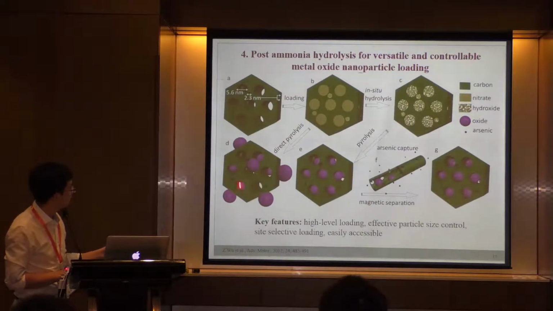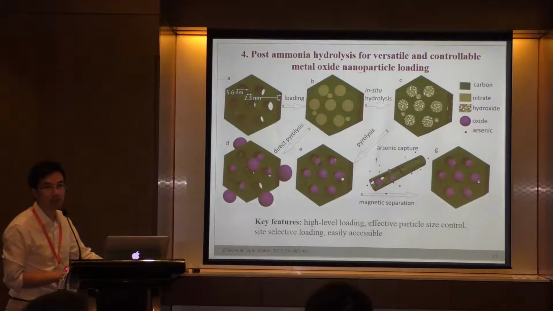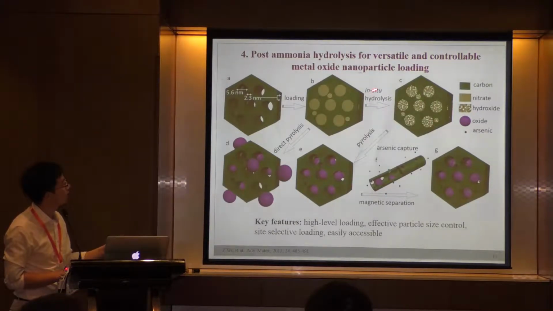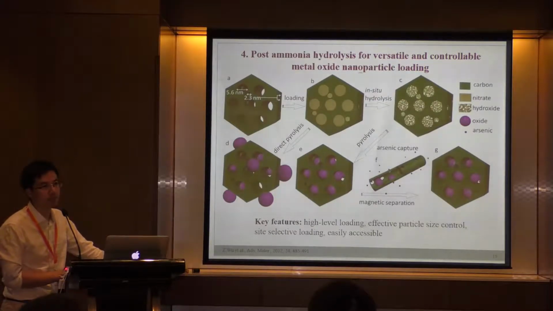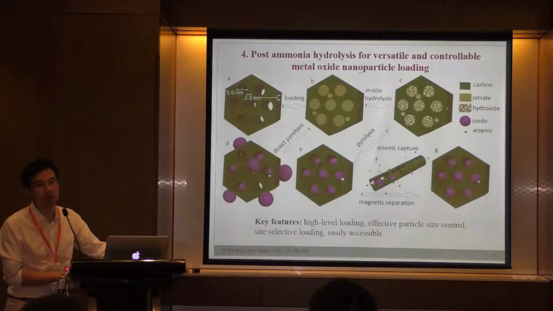In that case, the precursor may aggregate, transform or grow into very large aggregated nanoparticles. But here we just add one simple step to overcome this issue. After loading the iron nitrate precursor in the template, we use ammonia to hydrolyze the metal nitrate to metal hydroxide, because metal nitrate has a very low melting point.